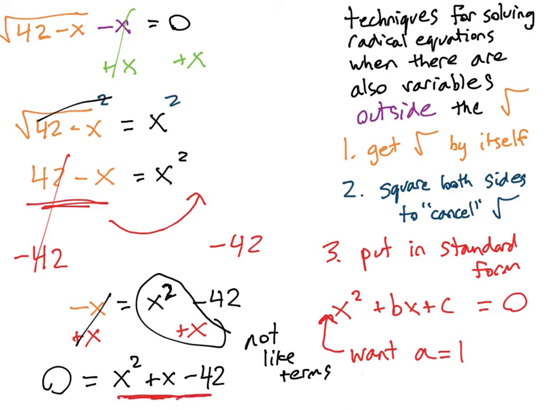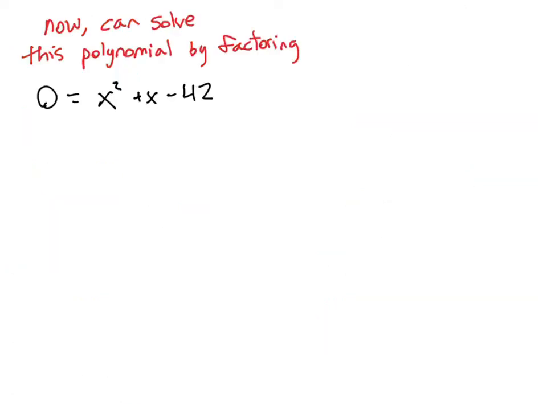So we've learned a lot of different techniques we can use to solve equations like this. The fastest way is probably to try and use our ABC factoring. So the coefficients of this polynomial are a equals 1, b equals 1, and c equals negative 42.